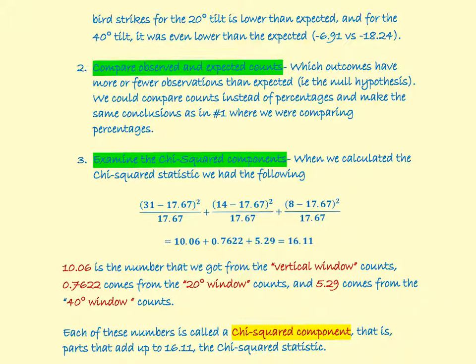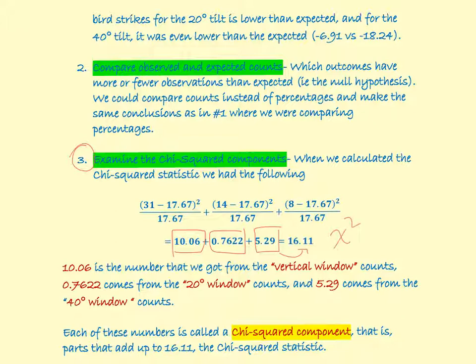Now, the third and usually the most important way of analyzing the counts after we have rejected or failed to reject the null hypothesis is by examining the chi-squared components. Remember, we talked about how each is called a component because we add the components of the three categories to give us the chi-squared statistic.